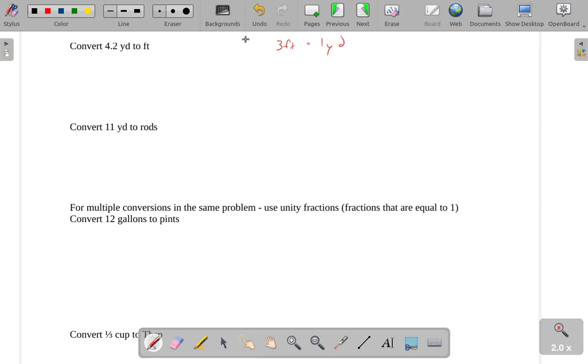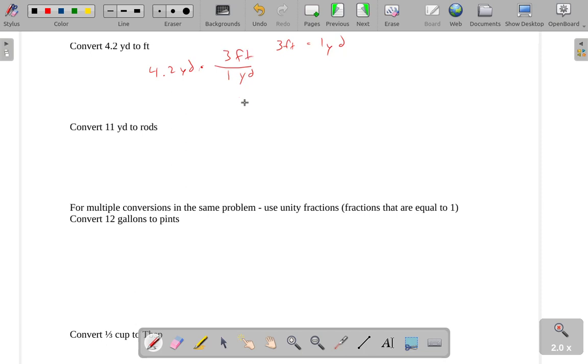If you look that up in the chart and you go to do this, I'm starting out with 4.2 yards. Well, what I'd like to do is convert from yards to feet. So this current yards is in the numerator. It's on the top part of a fraction. So if I'm going to want things to cancel out, I'm going to want it to be on the bottom part of a fraction if I'm multiplying by something. And I know that 3 feet is equal to 1 yard.